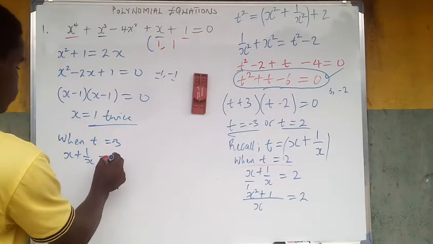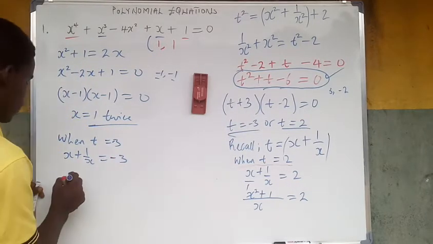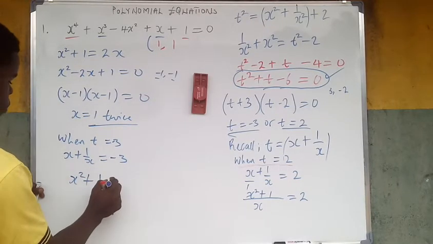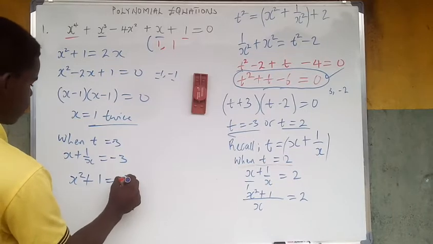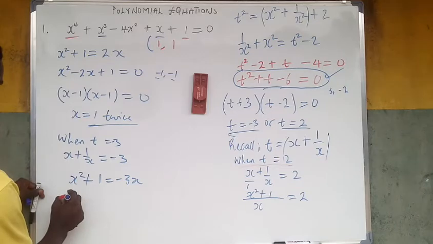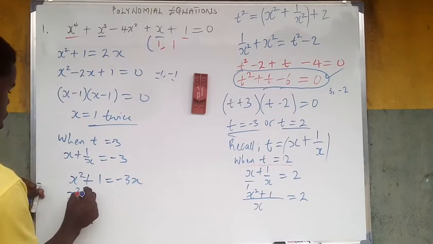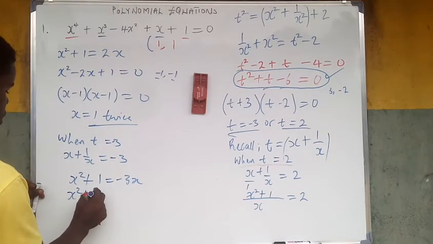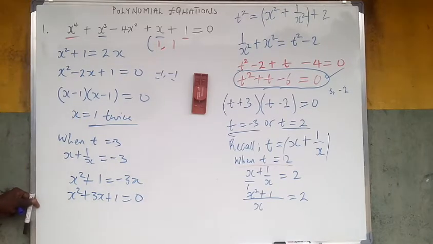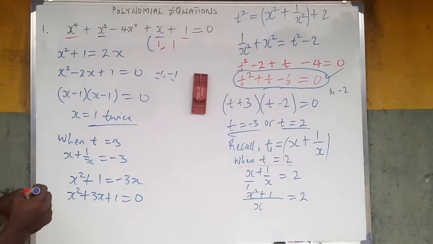When t is negative 3. So we would have x squared plus 1 equals negative 3x, just like the other case here. Then we have x squared plus 3x plus 1 equals 0. We're going to solve for that.